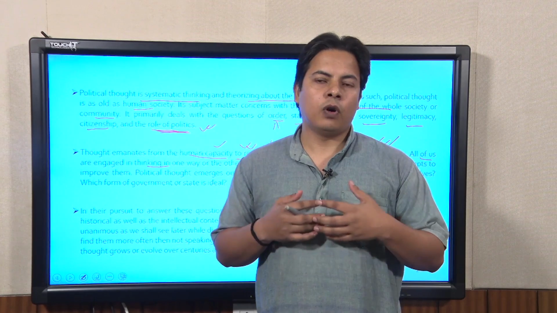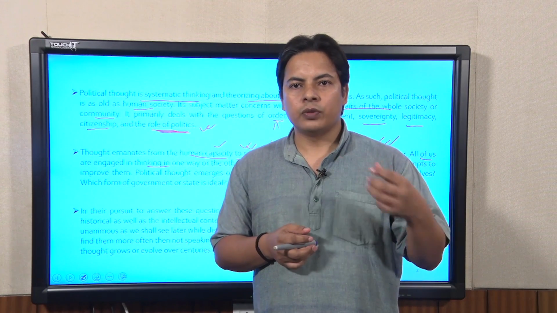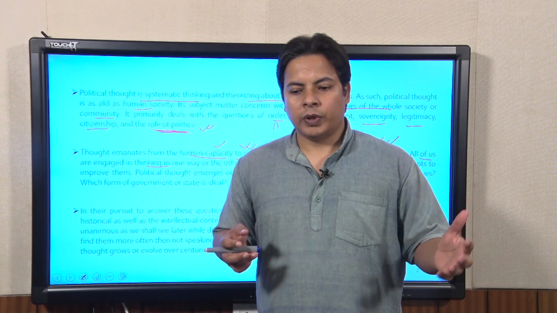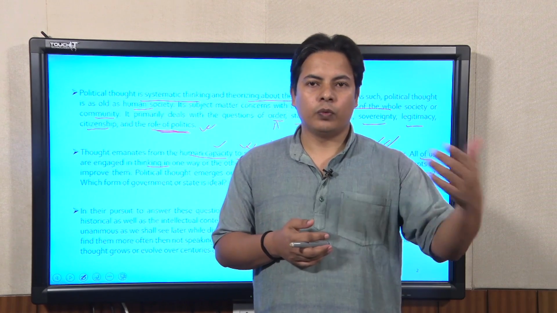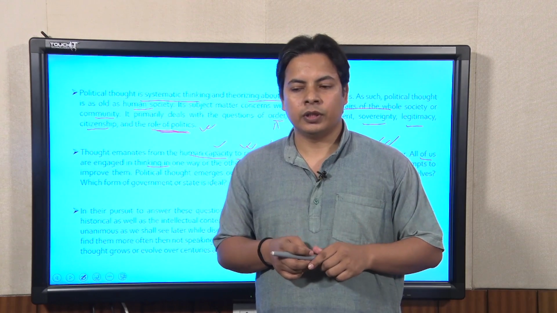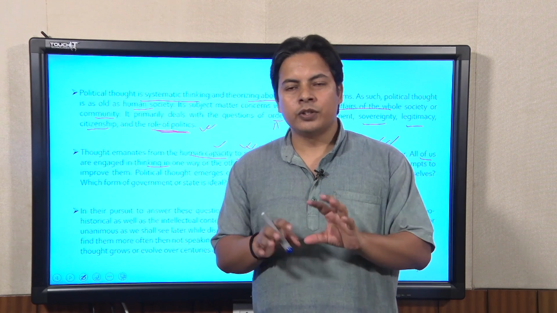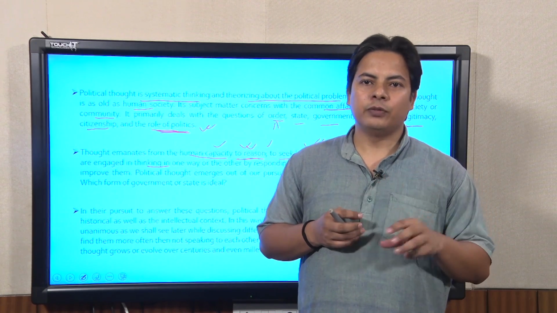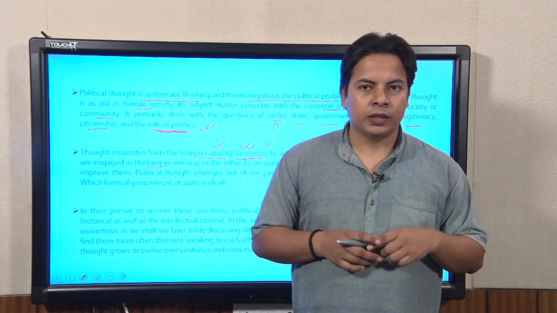So, if all of us are involved in thinking, why should we give priority to say Plato, Aristotle and Hobbes? And if we all are rational, then what is the need of reading these treatises? The answer to these questions is to understand what are classics, and that we will discuss in the next lecture.